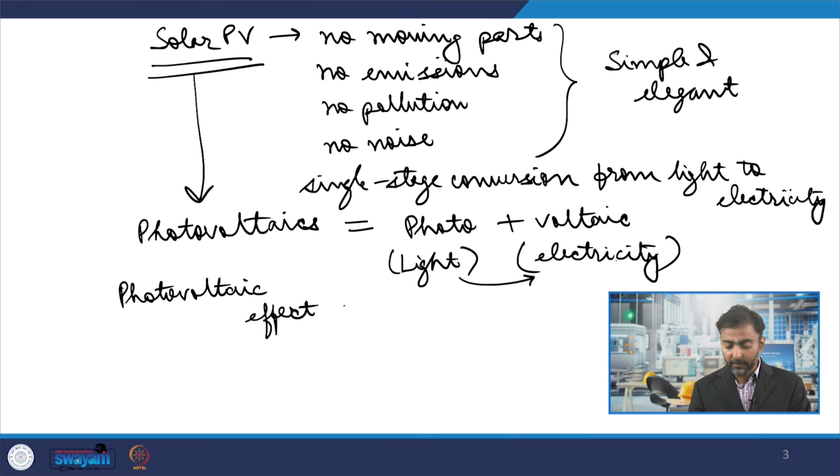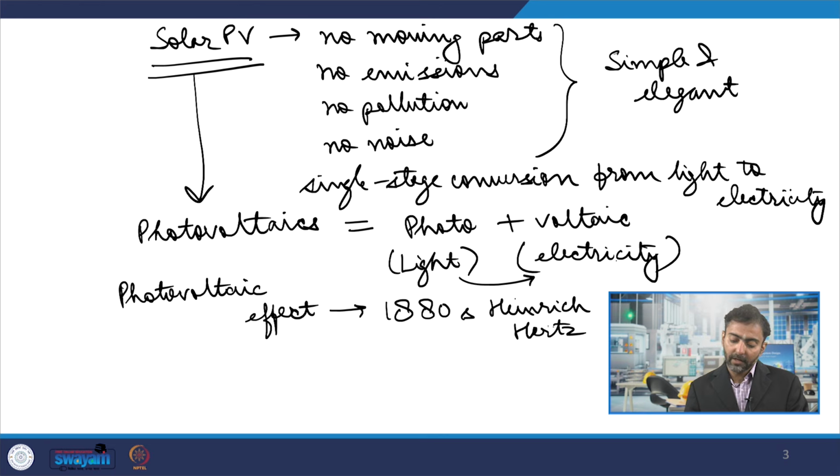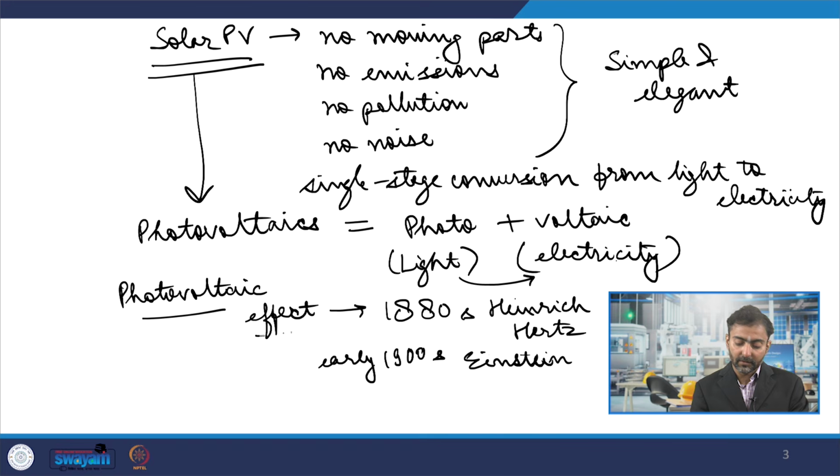That photovoltaic effect was discovered for the first time in the 1880s by a German scientist known as Heinrich Hertz, and later on it was explained in early 1900s by one of the most popular brains of the last century, Albert Einstein. He explained the photovoltaic effect, but it was discovered almost a couple of decades before him by Heinrich Hertz. So that was the time when the photovoltaic effect was discovered.